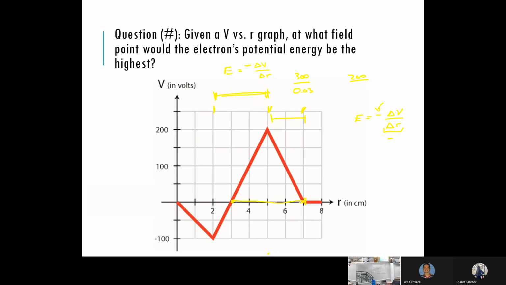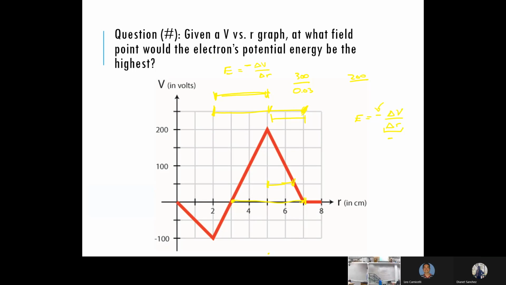If I'm thinking about the magnitude of the electric field, then it's the same magnitude all the way from 2 centimeters to 7. If I were taking direction into account, then you could argue that it's just from 5 to 7, because that would be the positive one.